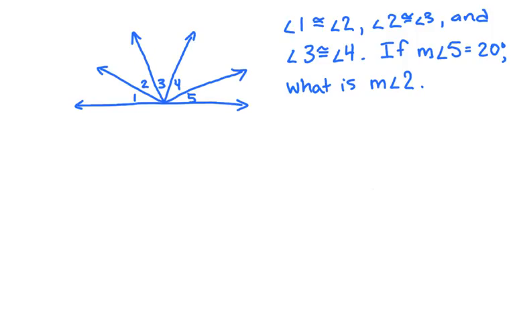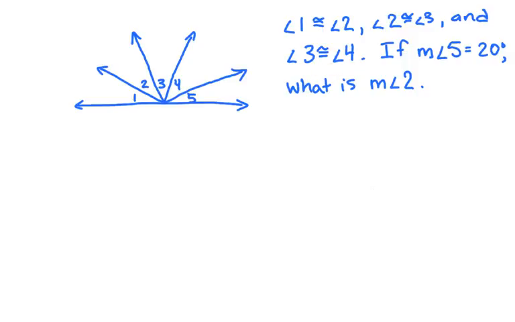Okay, another figure that you could be given on the test is something similar to this. You will be given some angles that are congruent to each other, and then you'll be given one other angle and asked to find one of the other angles. So what this is stating up here is angle 1 and 2 are congruent, 2 and 3 are congruent, 3 and 4 are congruent.